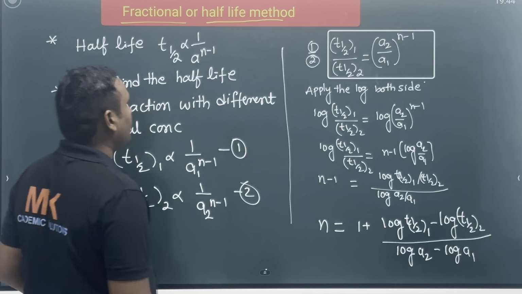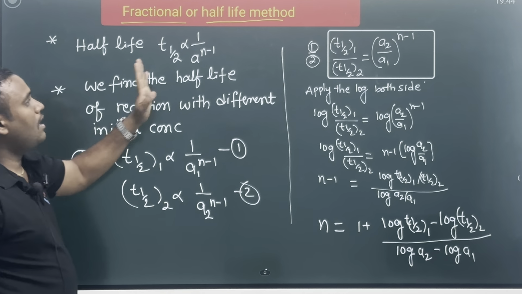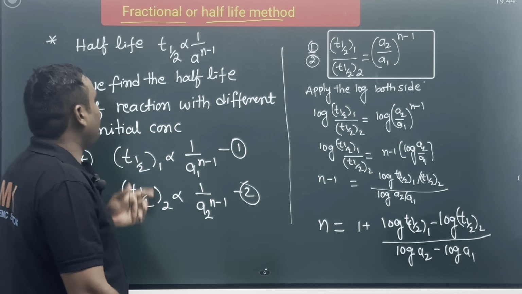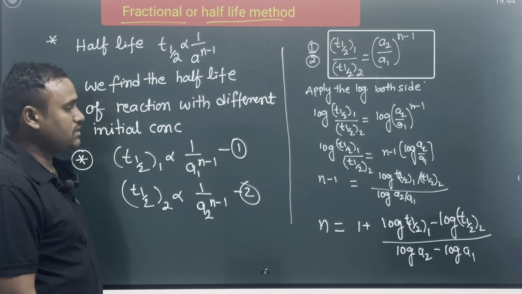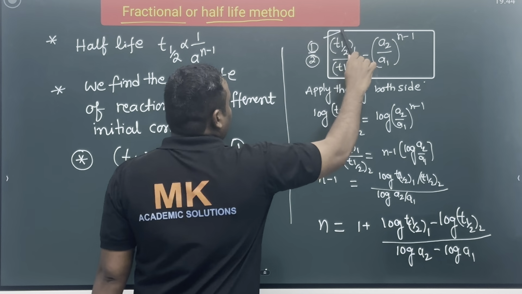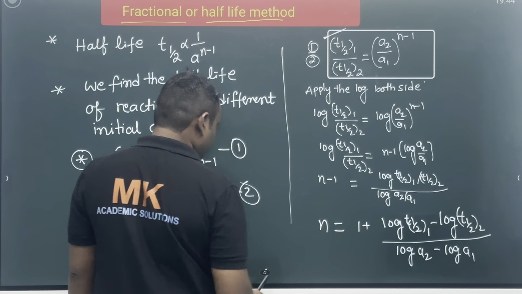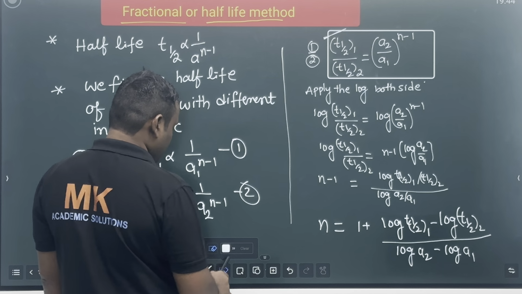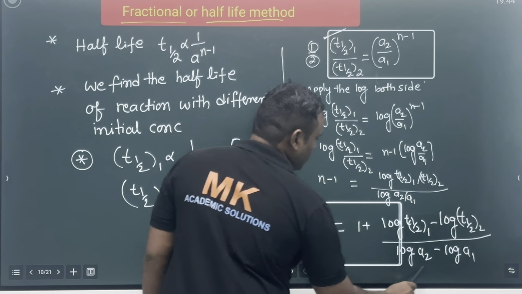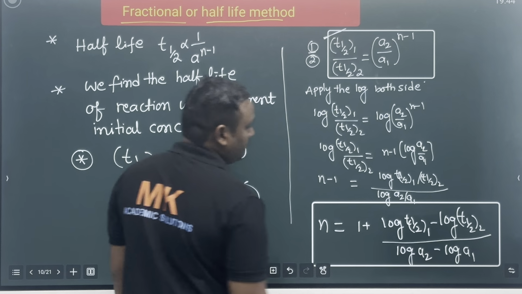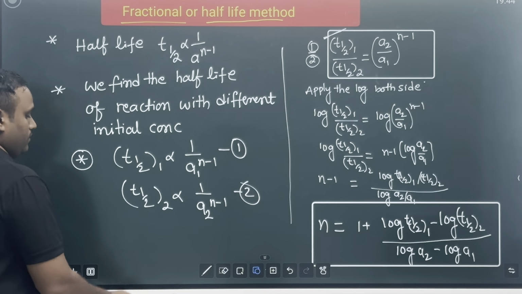So this is what the fractional or half-life method is, where half-life is proportional to 1 by a power n minus 1. This is the important formula you should remember, and this is also an important formula, and this also is an important formula to find the order.